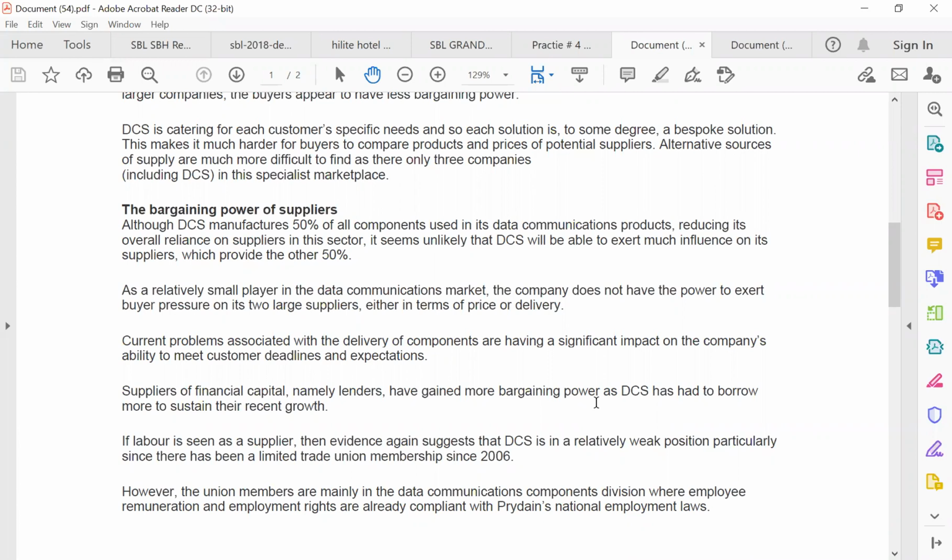It seems unlikely that DCS will be able to extract much influence on its suppliers, which provide the other 50%.